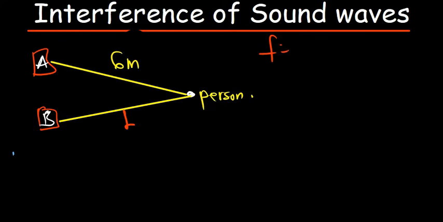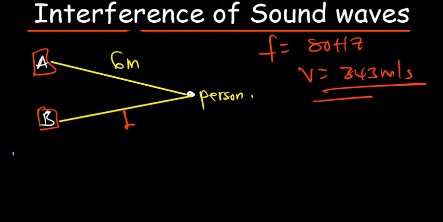Let's say the frequency in this case is 40 hertz, or let me put 80 hertz. If the frequency is 80 hertz, and if they are not mentioning anything about the velocity at all, you use the speed of sound in air to be 343 meters per second. You use this, considering the temperature to be 20 degrees Celsius.